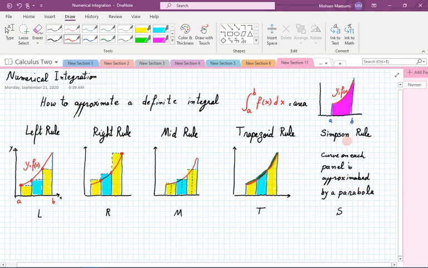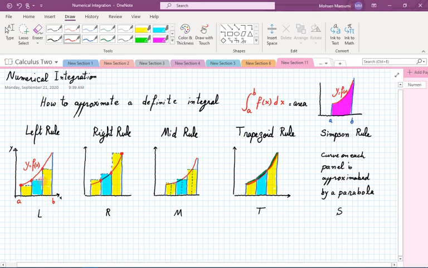How about the rest of these things? After we do a few of the left and right rule, we start thinking about efficiency. Efficiency means how quickly you are going to come up with a good approximation. What do I mean by a good approximation? I want my answer to be close to the actual value. Here, the only thing left to improve your approximation is to increase the number of panels.